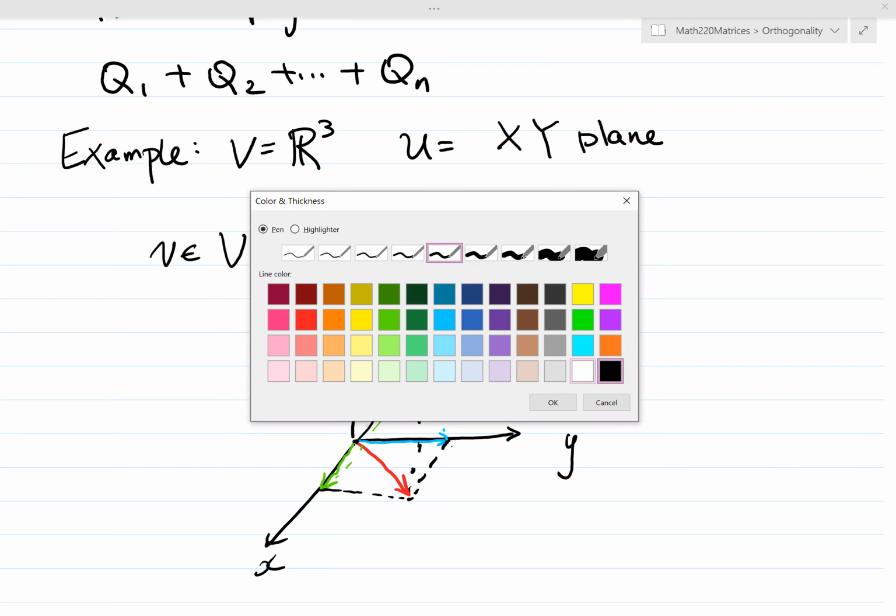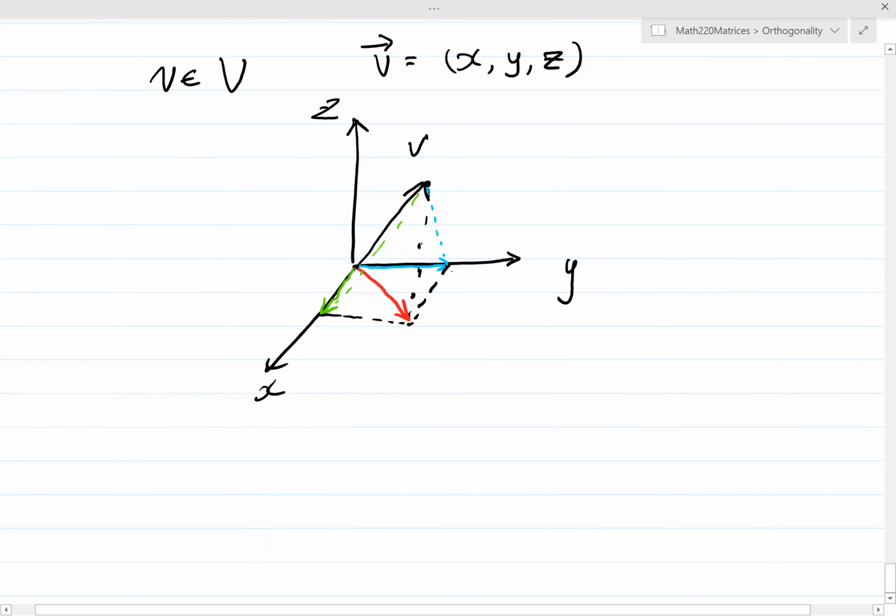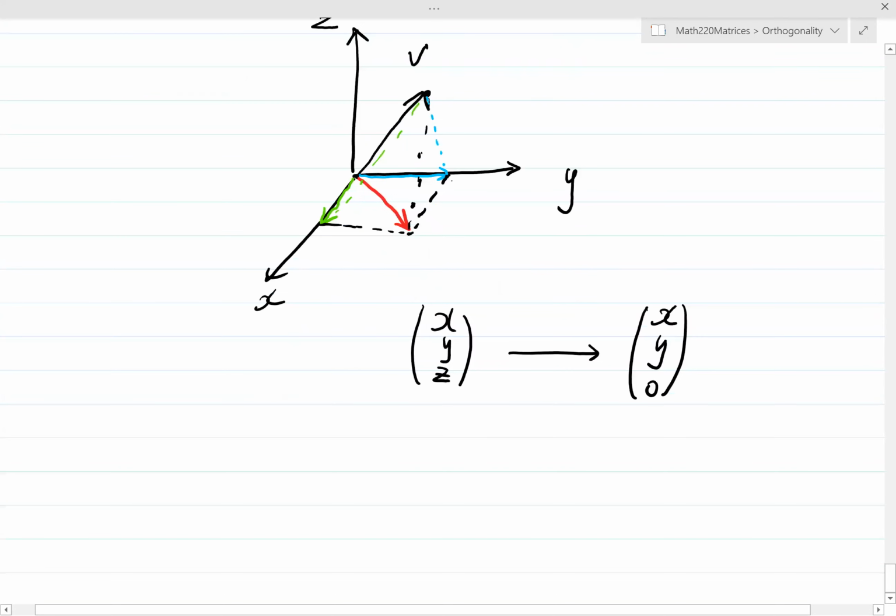Of course, we project X, Y, Z onto the XY plane. Let's use column vectors. So X, Y, Z projects onto the XY plane. The height will be 0, so X and Y are fixed and the height is 0. Projecting onto the X-axis, we get X, 0, 0.